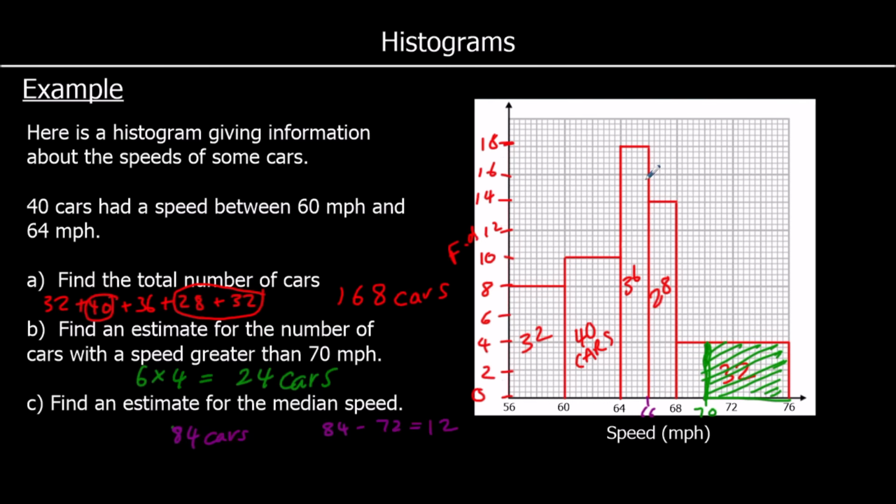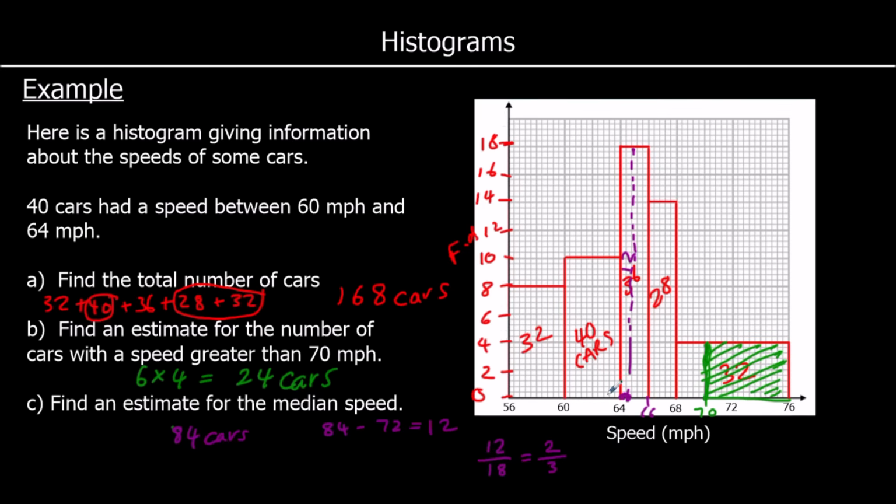Or we could work it out by drawing a line, splitting it into 2, and saying we want an area of 12. So we know we've got a height of 18. We've got an area of 12. So what is the width? 12 divided by 18 is 2/3.